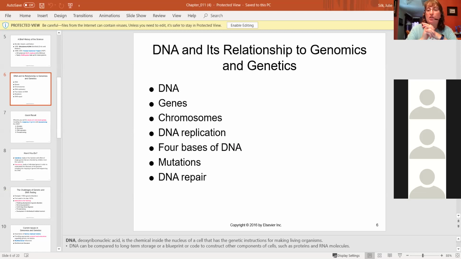Genes are the DNA segments that carry genetic information. Chromosomes are long structures that organize DNA. DNA replication means that chromosomes are duplicated before cells divide.